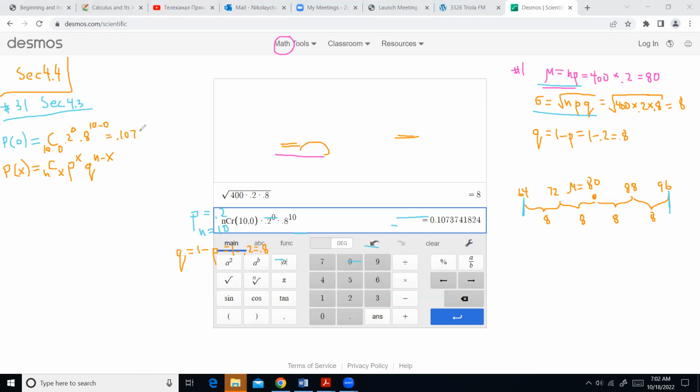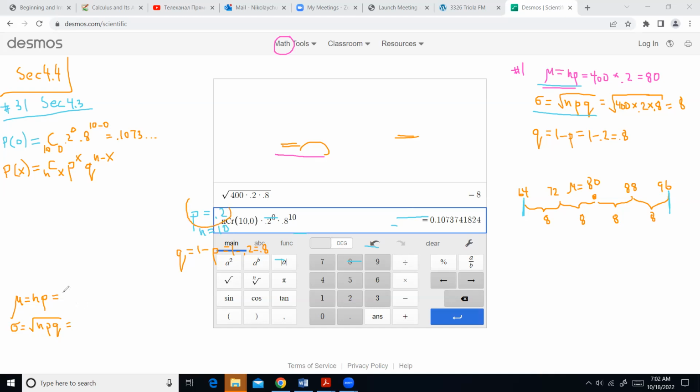0.1073. Is this a good chance or not really? Well, 10% is not high, so it may not happen. In fact, if I now use my mean and standard deviation formulas from the next section, I think we'll see what we actually do expect to get when this experiment takes place, when the chance to find someone who watches the show is 20%.